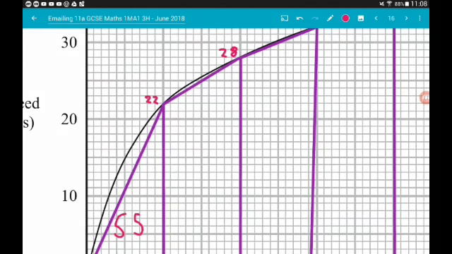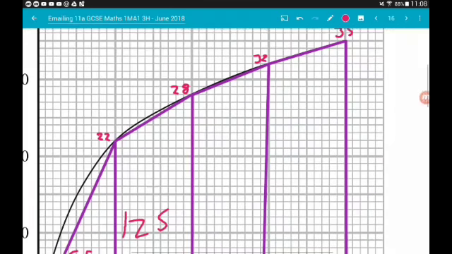The first trapezium, A and B, are 22 and 28. H is 5. So 22 add 28 is 50, times by 5 is 250, divided by 2 is 125.